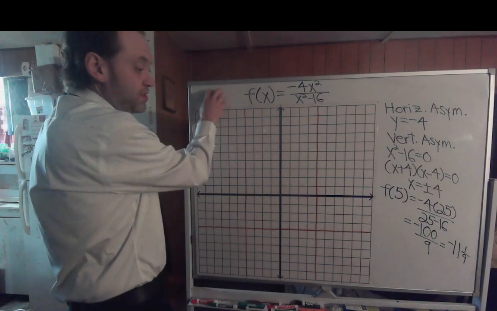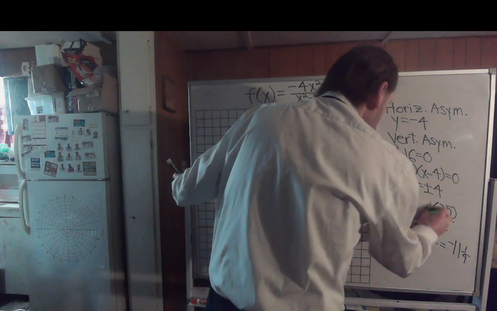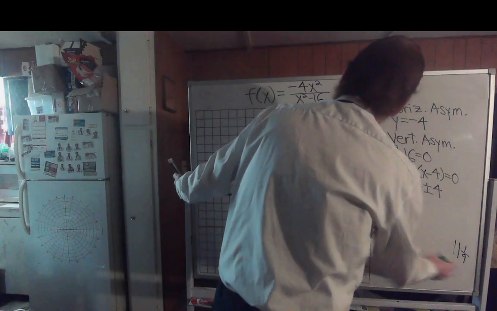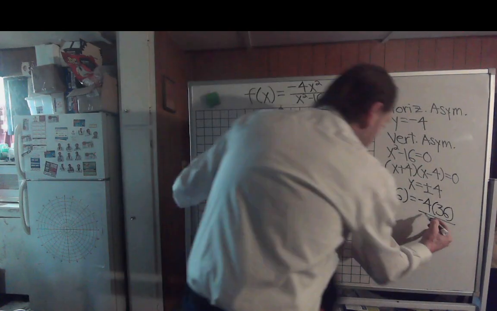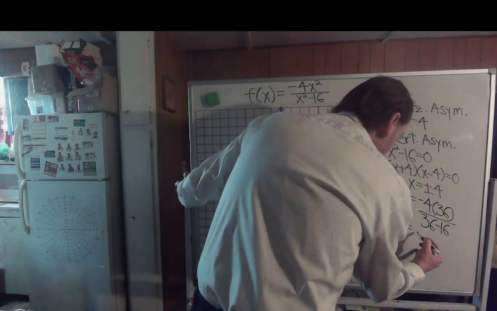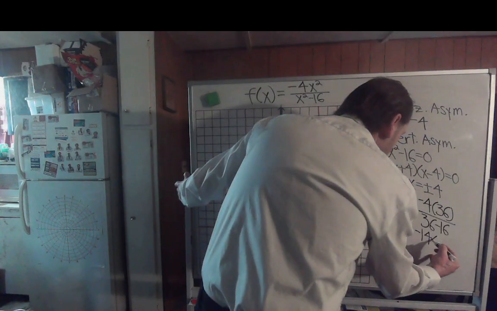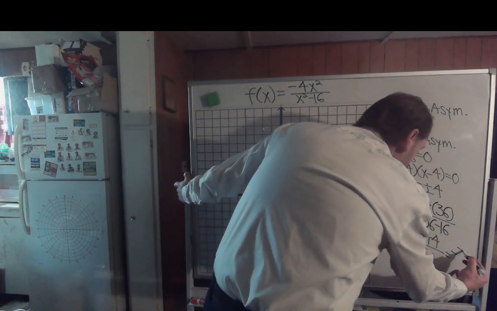We might want to go with 6. What about f of 6? So f of 6, you're going to have negative 4 times 36 divided by 36 minus 16, which would end up giving you negative 144 divided by 20, which would end up giving you negative 7 1/5.